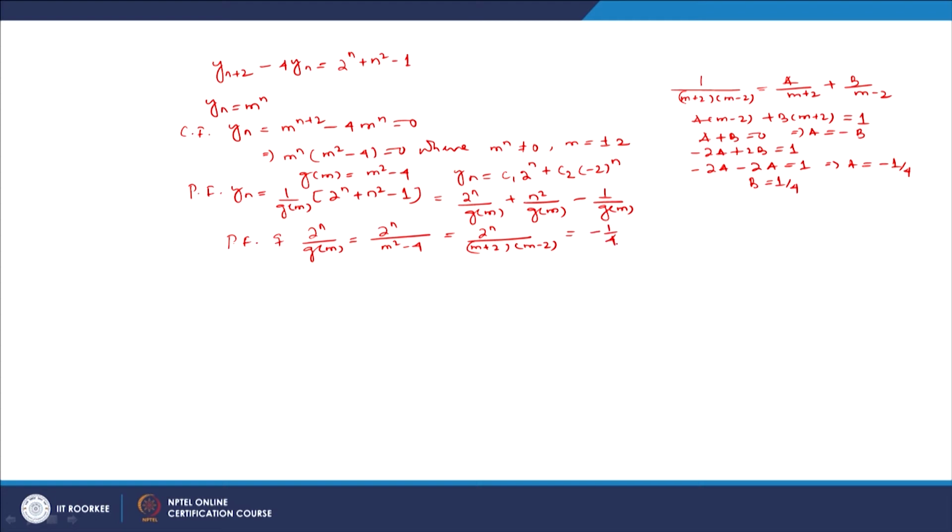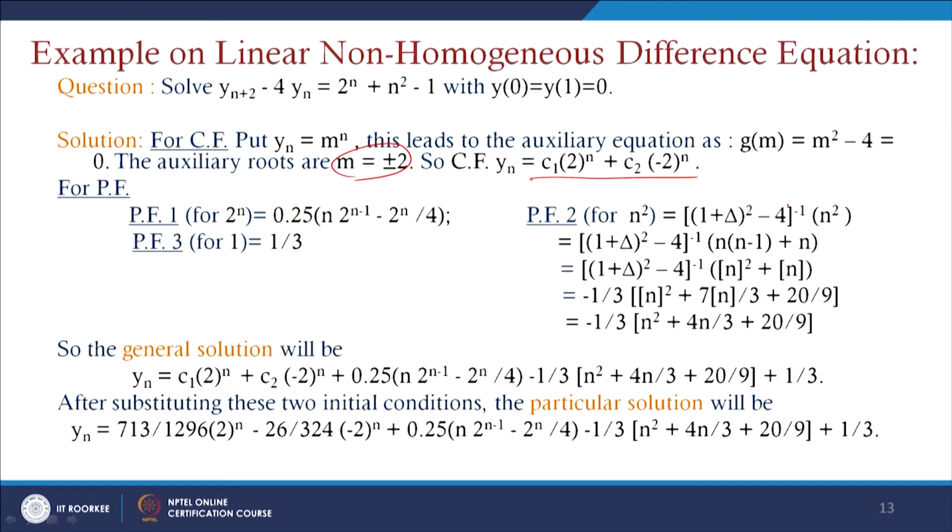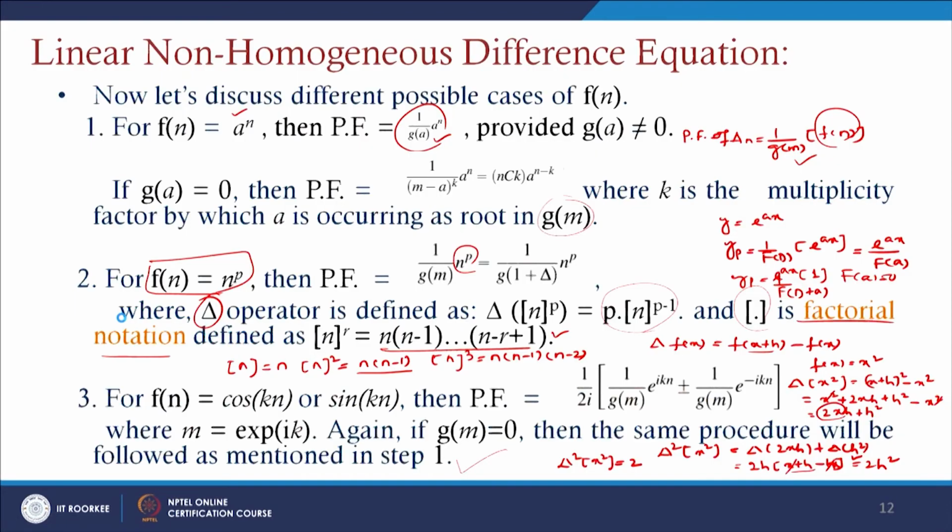And finally, we can write this coefficient in the form of minus 1 by 4 times 1 by (m plus 2) to the power n, plus 1 by 4 times 1 by (m minus 2) to the power n. And already we have seen that in case of 1 by (m minus a), where g of a is not equal to 0, we can write that as 1 by g of a to the power n.